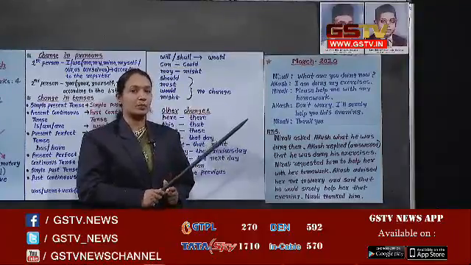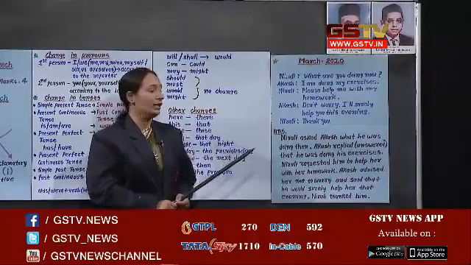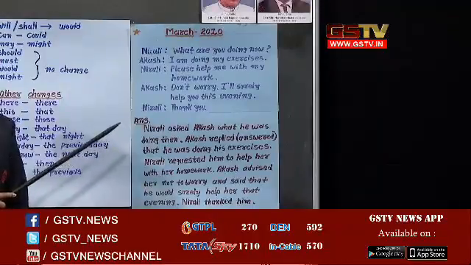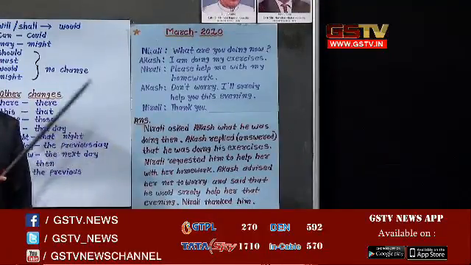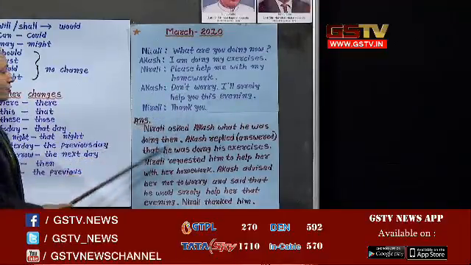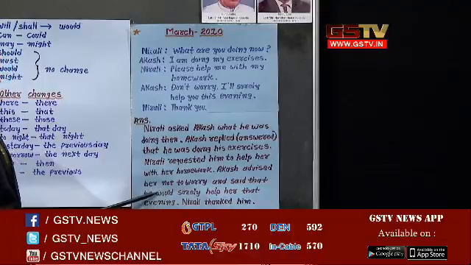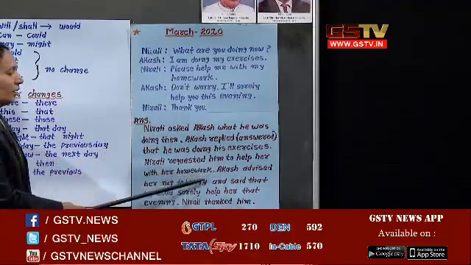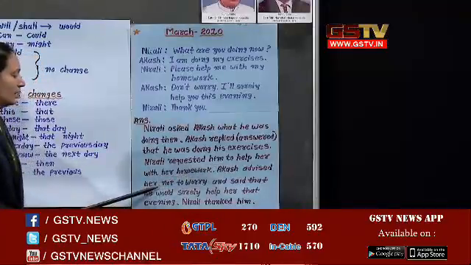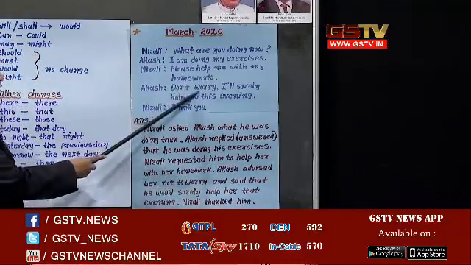There are some selected words that we have to use while we are converting, and we have to grasp what emotions are there between the speaker and listener. Here Akash is saying to Nirali that don't worry. While we are converting into indirect speech, we will use Akash advised her. Don't worry becomes not to worry.